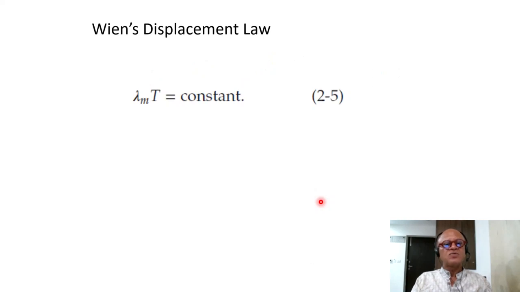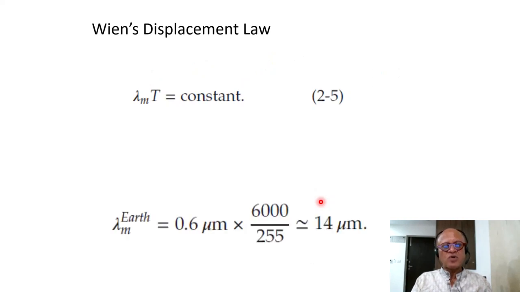Okay, so Wien's displacement law, I won't bother much with it. We already saw, when we looked at the Planck curve, that the temperature and the maximum wavelength are related to each other. It says that the maximum wavelength of the energy being emitted by a black body, times temperature, is constant.